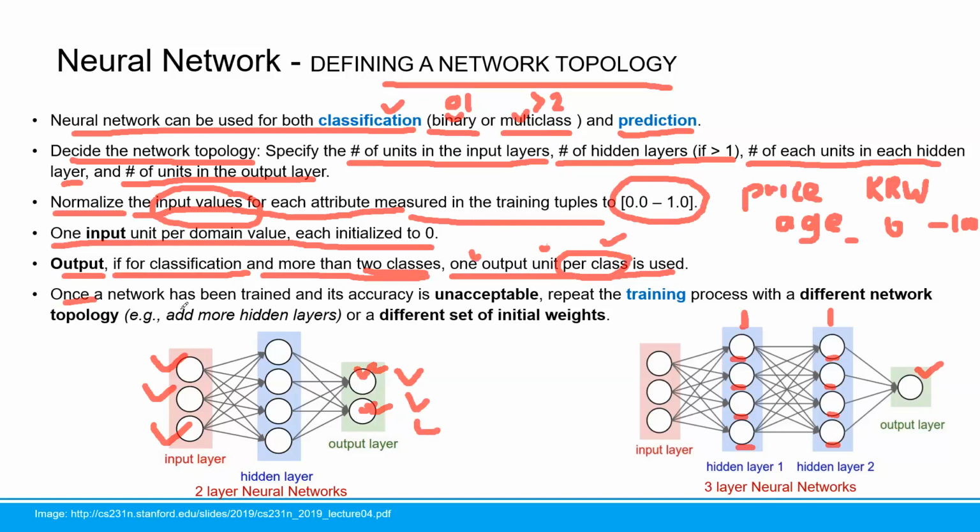Once a network has been trained and its accuracy is unacceptable, meaning the accuracy is very low, maybe only 30% or 40%, lower than 50, then we can repeat the training process with a different network topology.